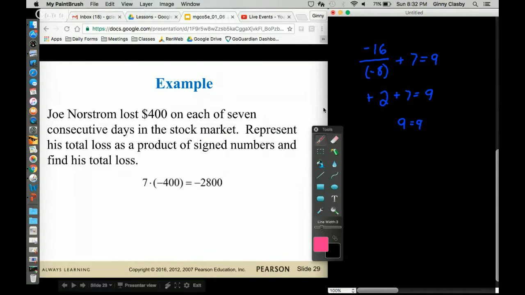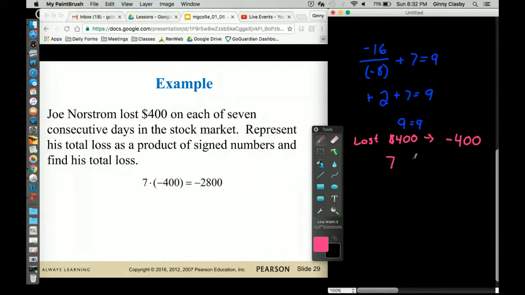Okay. So when you have the phrase lost $400, okay, lost $400, that can imply a negative 400, right? So in an ideal situation, you would just box that out, all right, on each of 7 consecutive days in a stock market. All right, so you have 7 days.